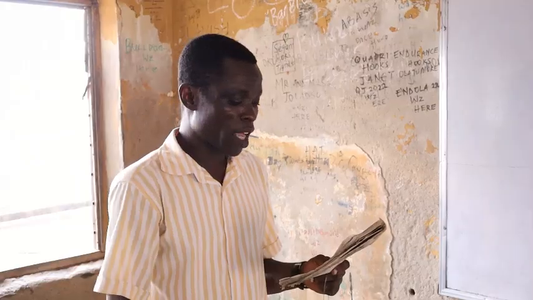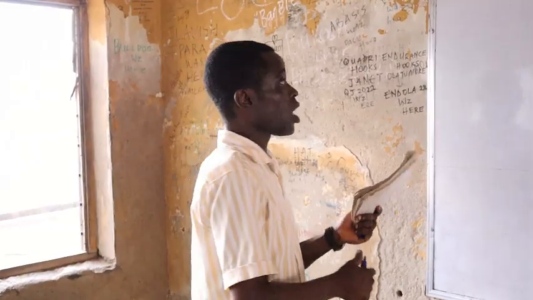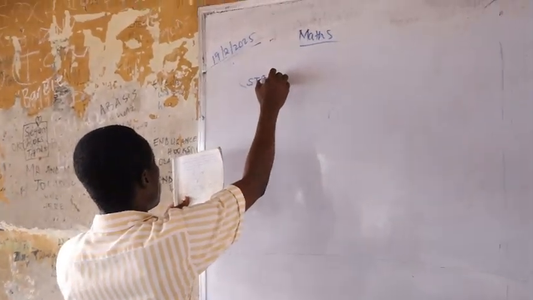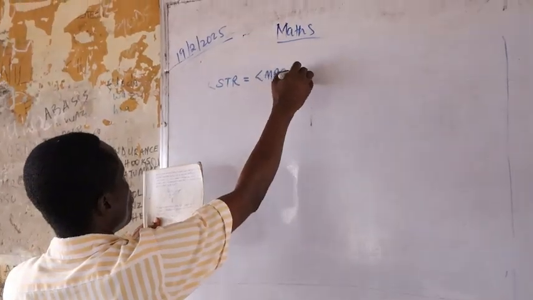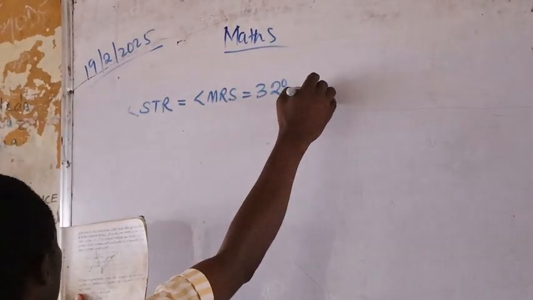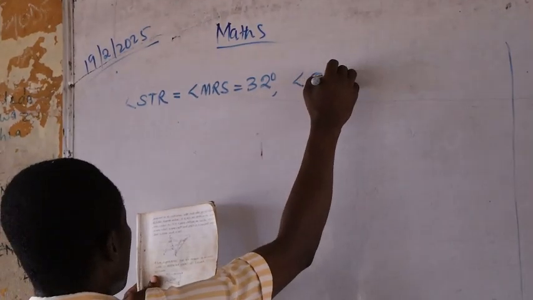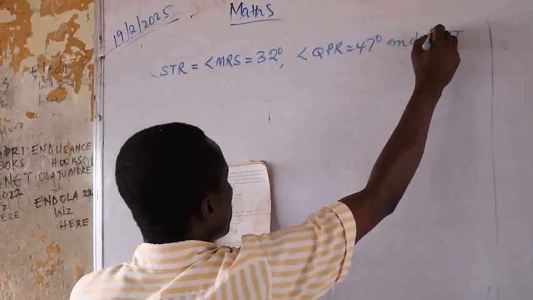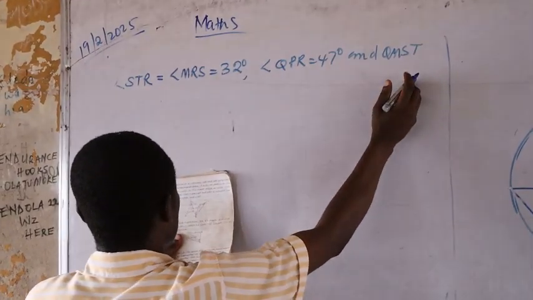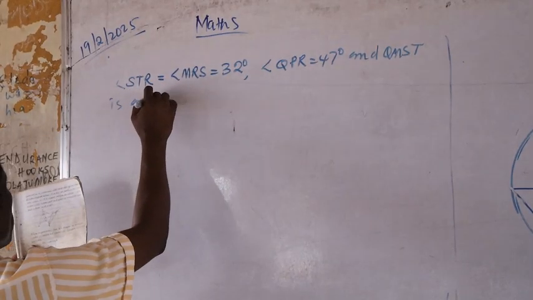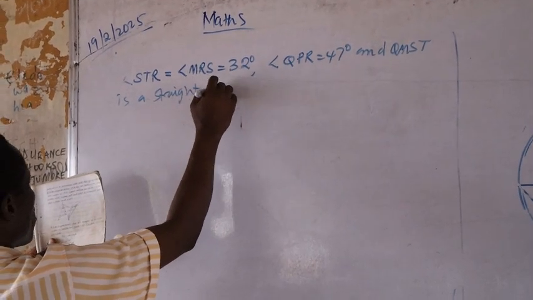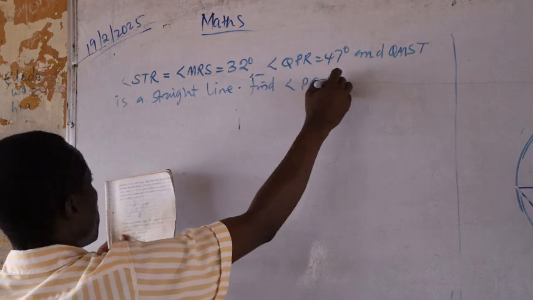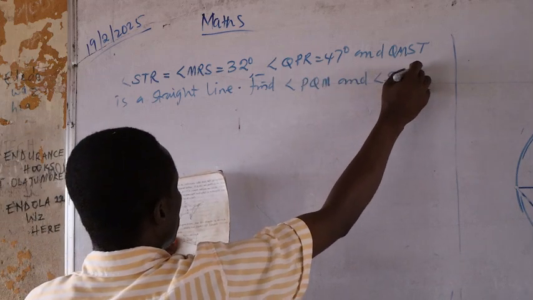Angle STR is equal to angle MRS, which is equal to 32 degrees. Angle QPR equals 47 degrees, and QMST is a straight line. Find angle PQM and angle SRT.